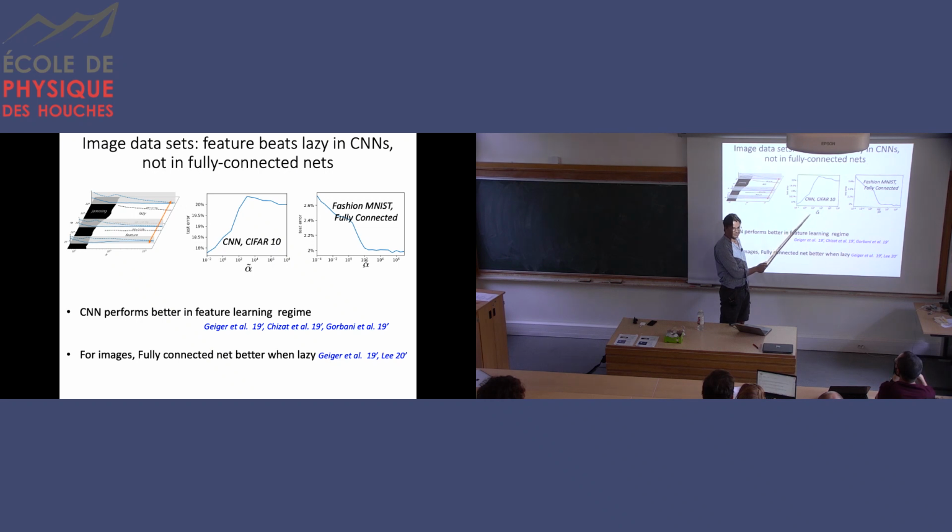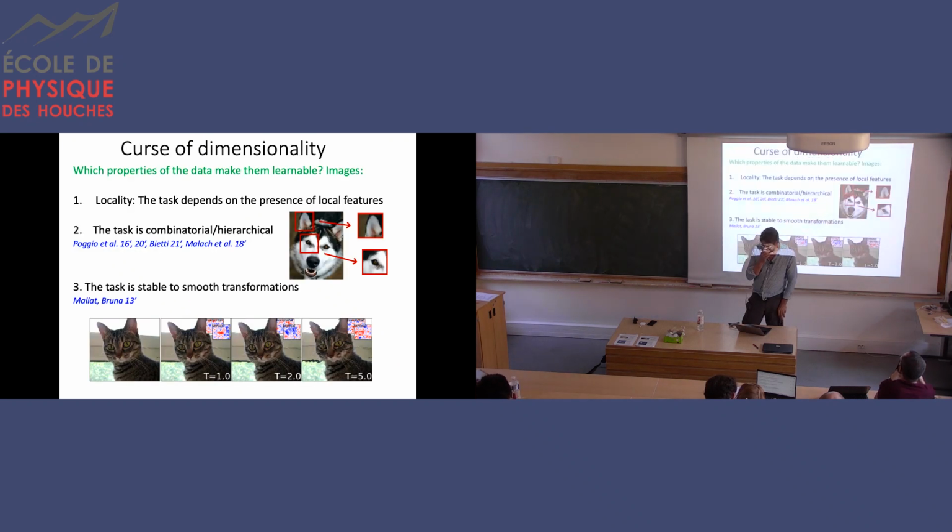It was not the maximal size of CIFAR. And also, we don't look at a super model. Maybe it's 5 layers. So I do think that the gap will be much more significant. But I will propose an explanation for that later in the talk: why is it that for images, fully connected nets perform better when they are lazy?